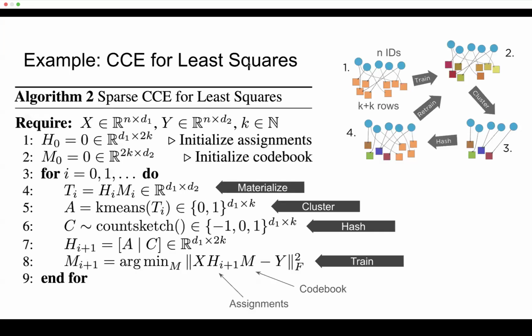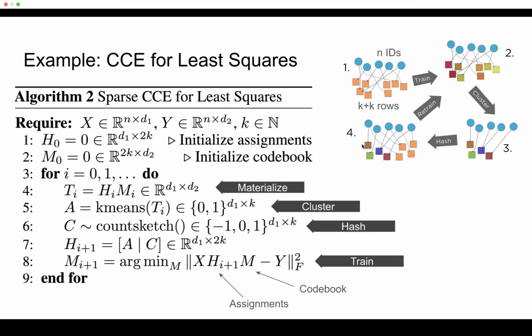So now again we can write this algorithm out in pseudocode. In this case, we do the materialization by multiplying these H and M matrices, and we run the k-means. And here we pick this random assignment, and in line 7 we concatenate the assignments with the random hash functions.